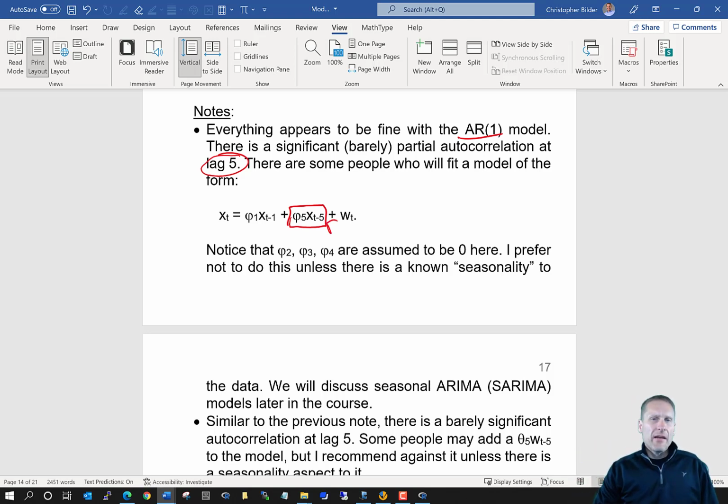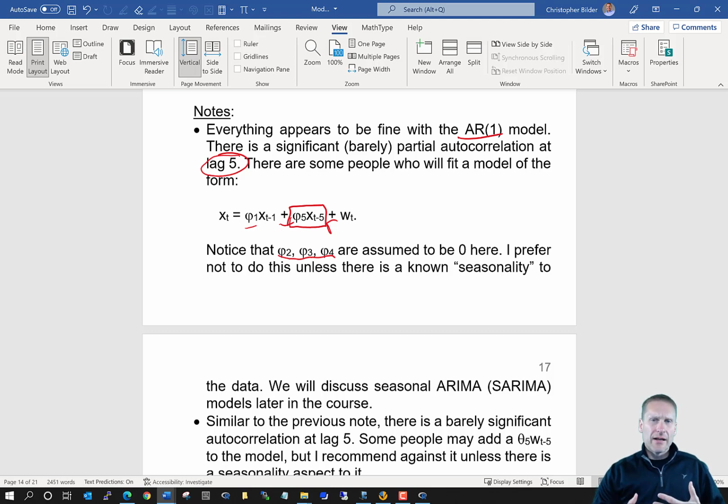Excuse me. I prefer not to do that, to skip ahead like that from phi 1 to phi 5. I would first look at phi 2, phi 3, and phi 4 before I would get to lag 5.